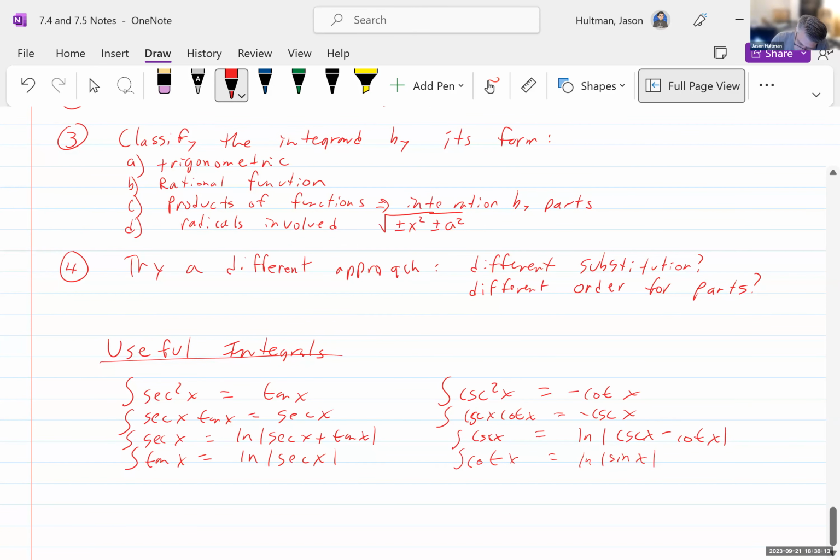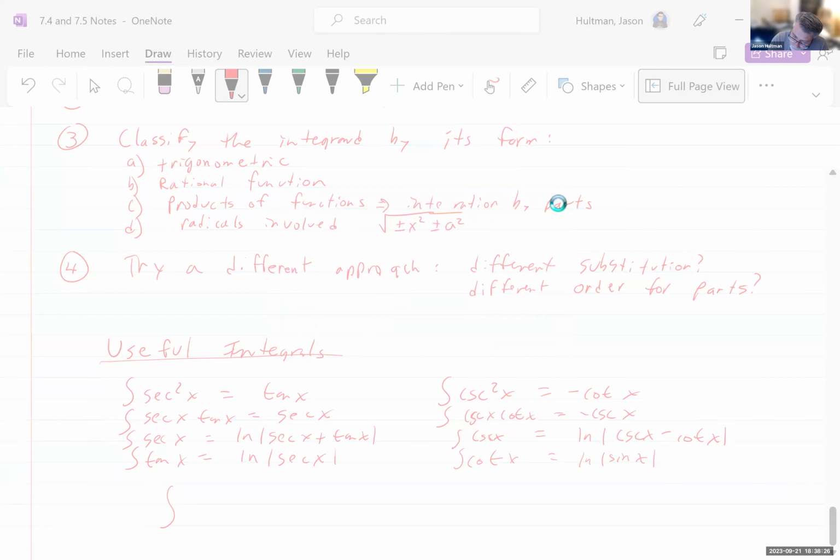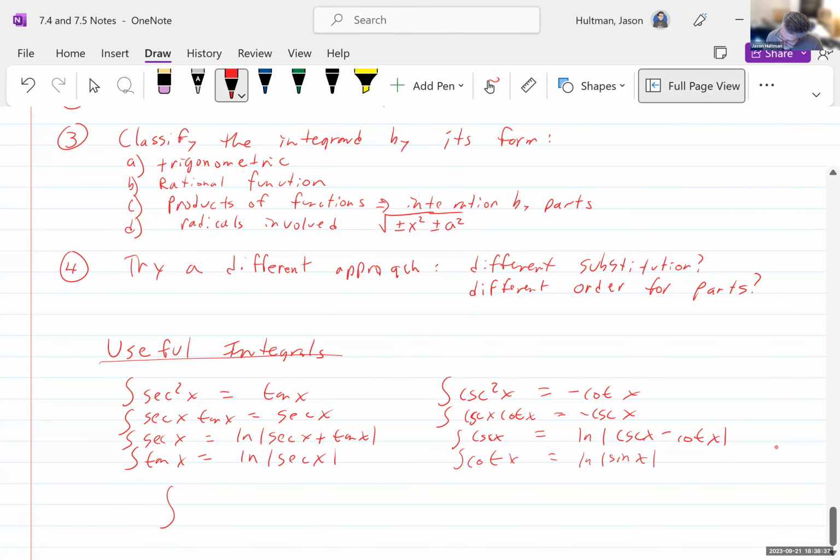Okay, the integral of, gotta wait. You good?